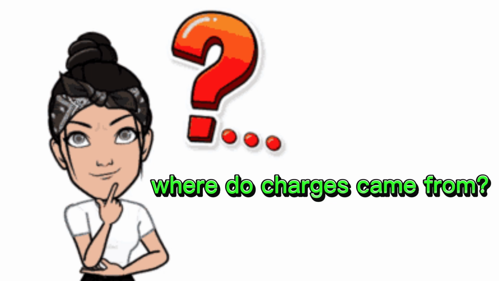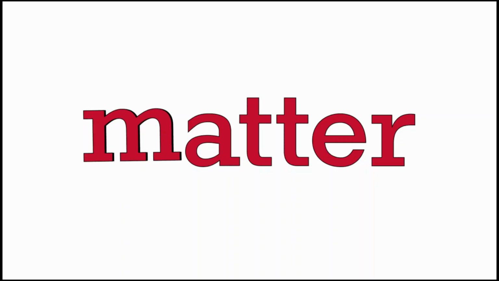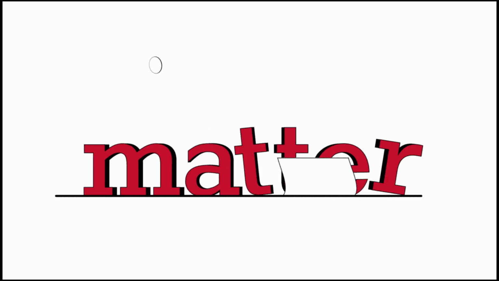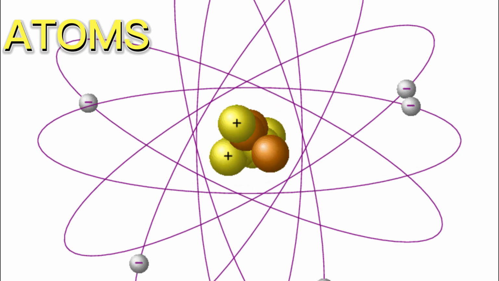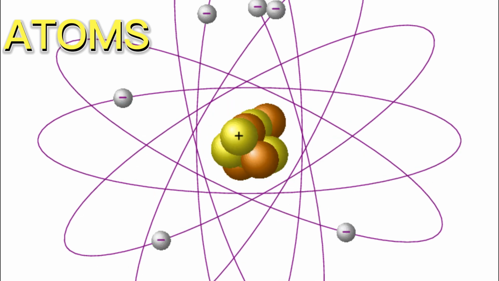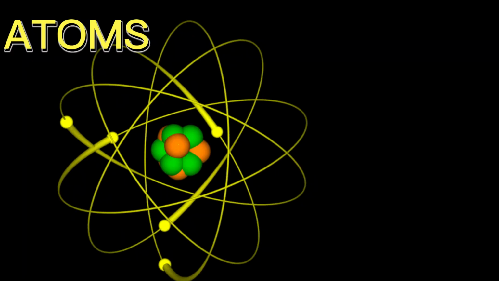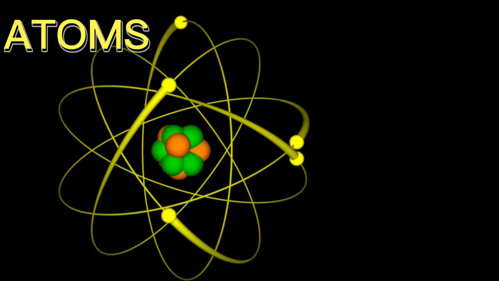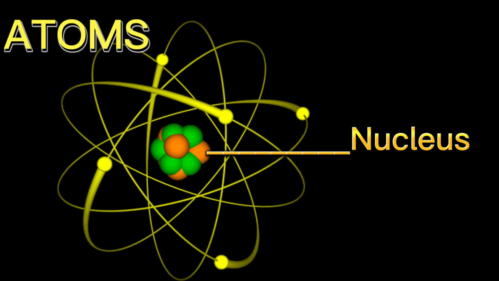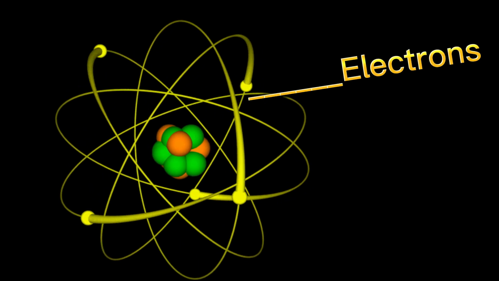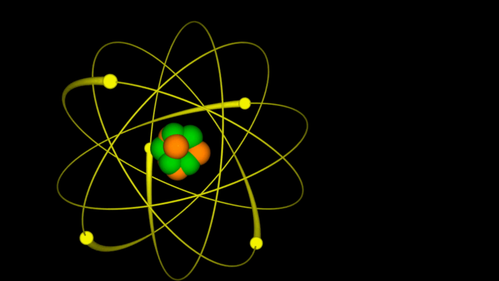So where do charges come from? We all know that all objects or matter are composed of atoms, and atoms contain charged particles. Atom is the basic unit of matter, consisting of a dense central nucleus surrounded by a cloud of negatively charged electrons.